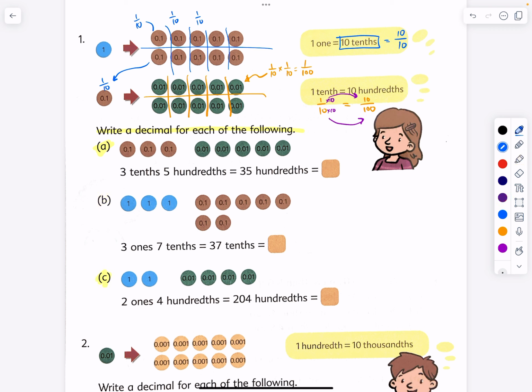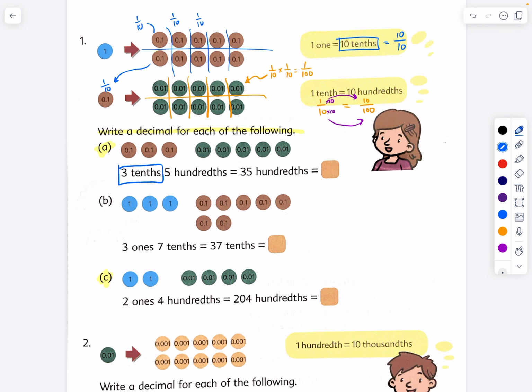I hope you guys are recalling this from our 4th grade. So 3 tenths and 5 hundredths all together gives us 35 hundredths, which we write as 0.35. Of course, we can write it as 35 hundredths, but we don't need to go through this intermediate step. We can just jump straight to decimals. Example B, 3 ones.